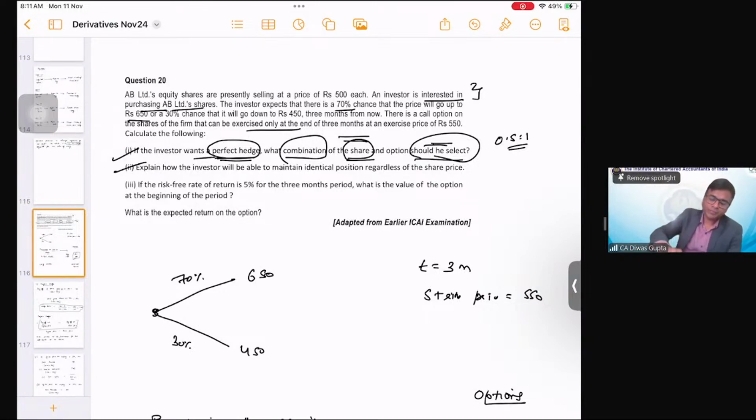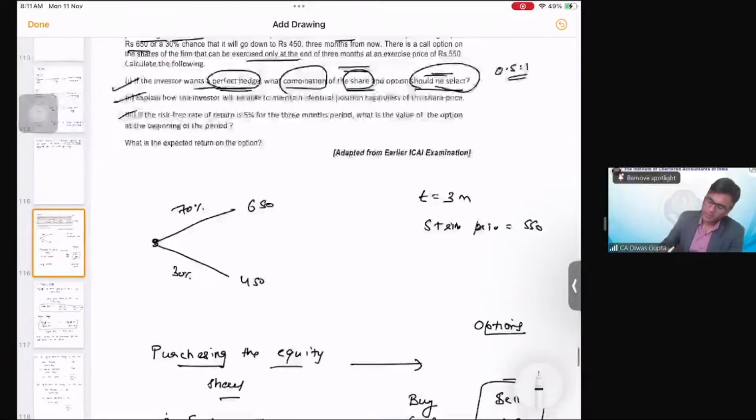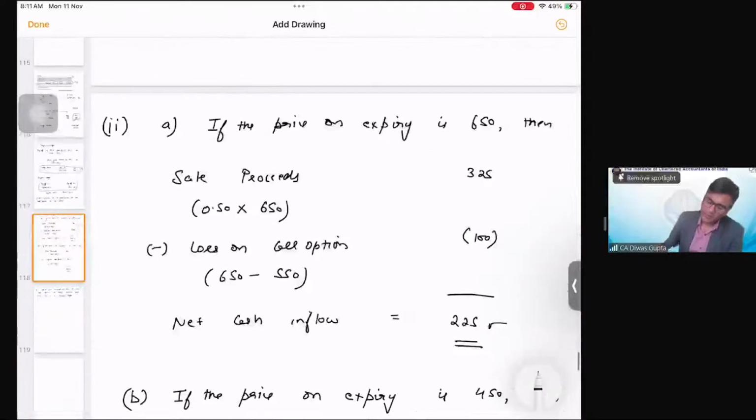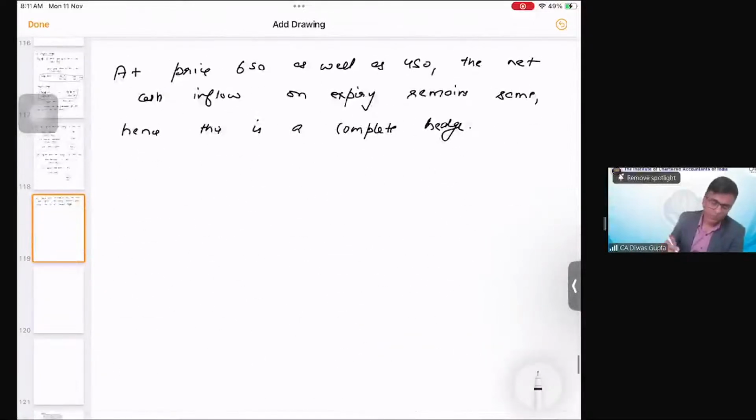Okay. Now, we have to calculate the value of the option. Let the value of option be P, right? We have been given all the information and accordingly we'll have to calculate the value of option.